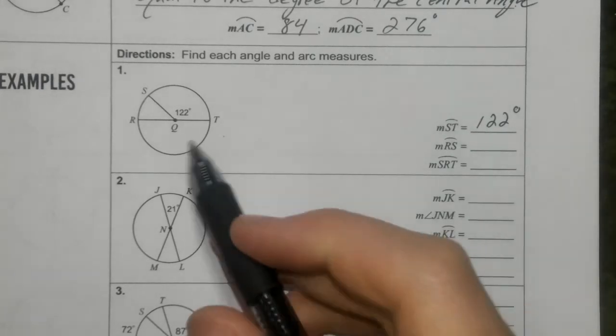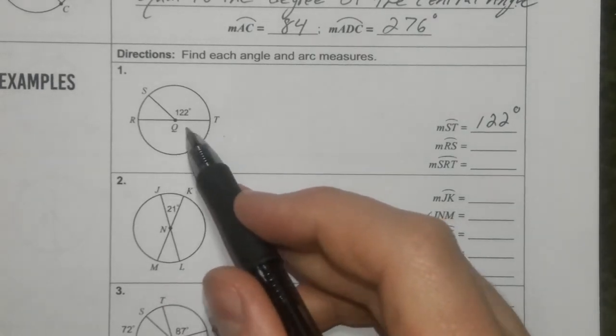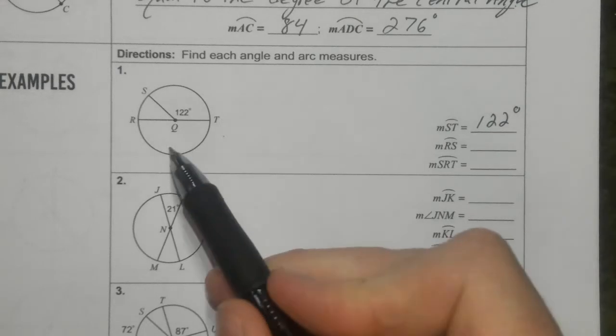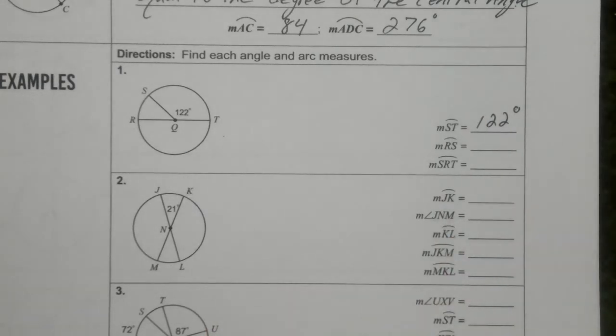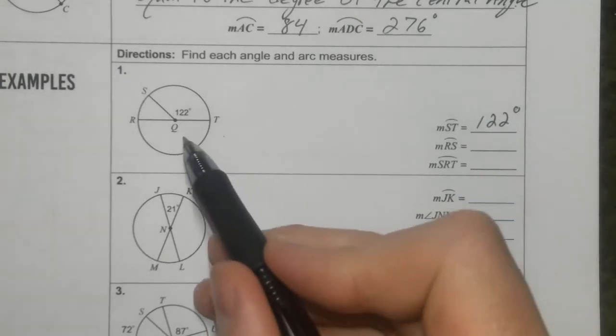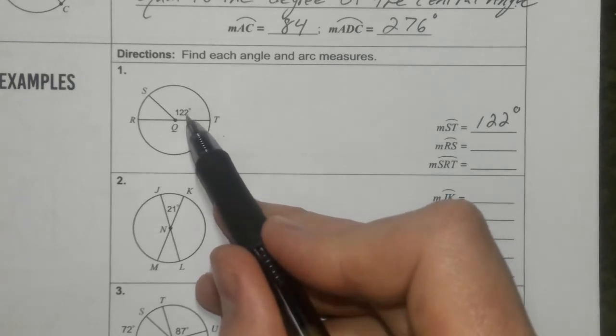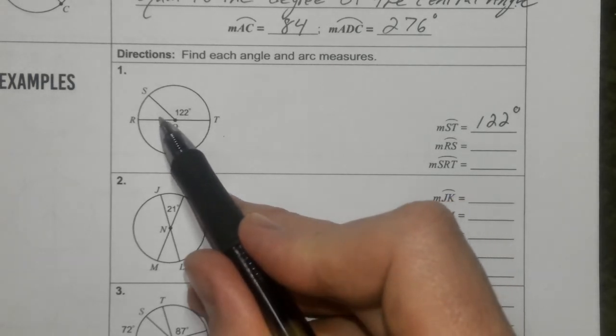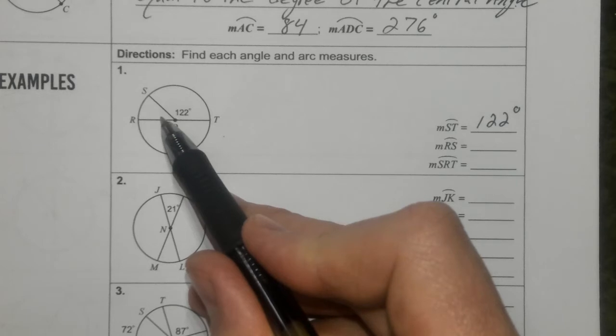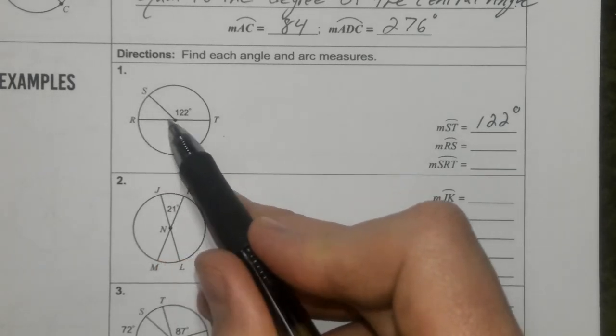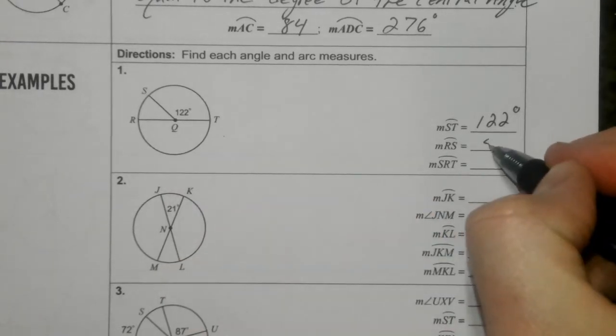So that means this is a straight angle, so it's 180. Diameters are always 180 degrees. This portion of it is 122 degrees, so that means this part would be 58 degrees. Therefore, the arc associated with that central angle would also be 58 degrees.